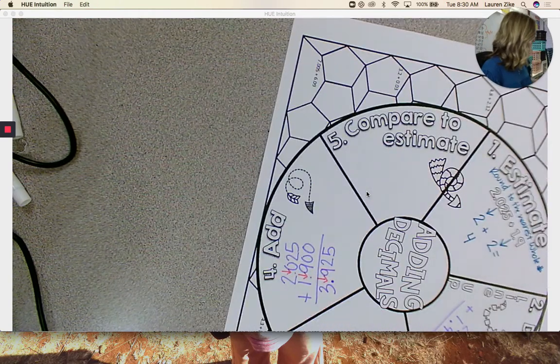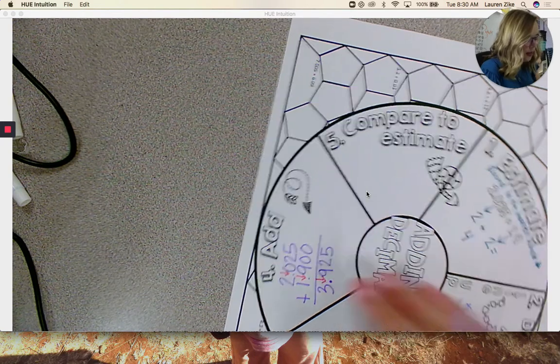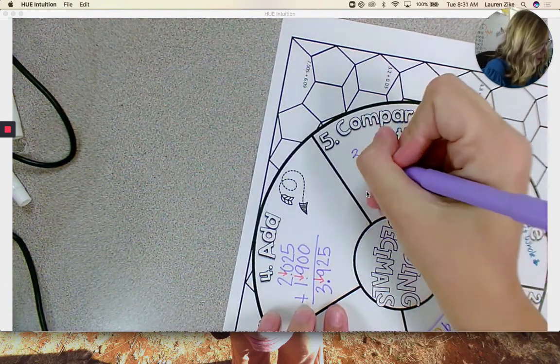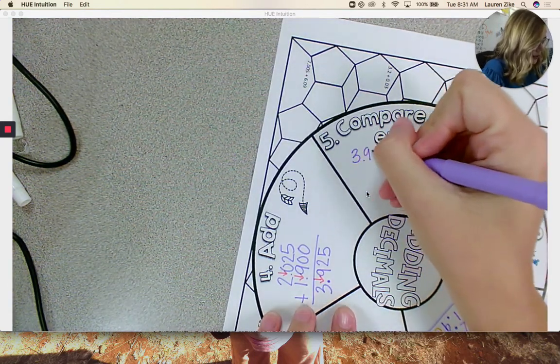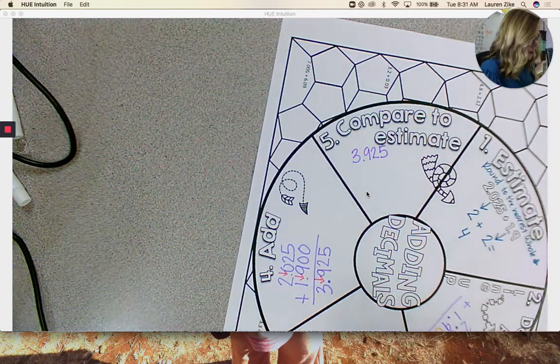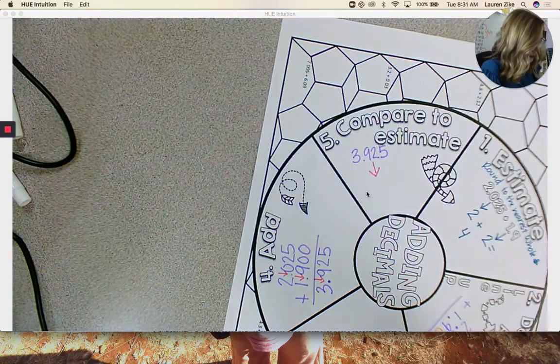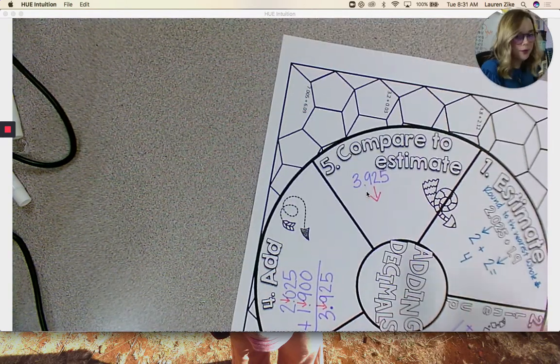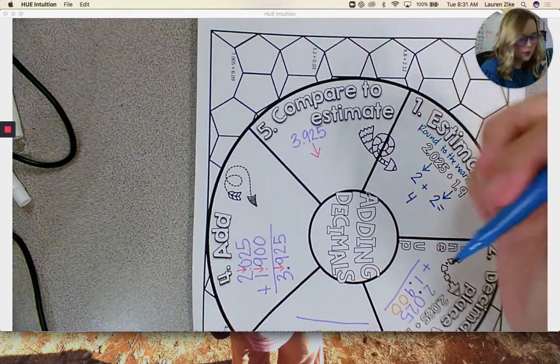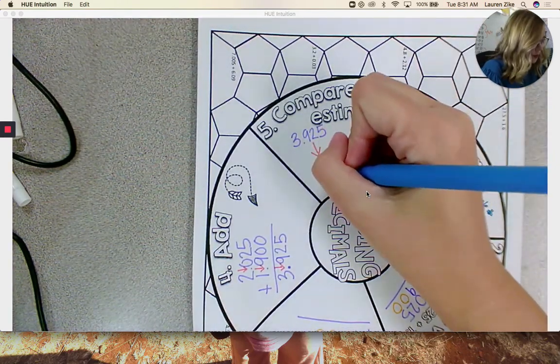Now we're going to compare our numbers to our estimate. So our actual number was 3 and 925 thousandths, and we're going to compare it to our estimate, which was 4.